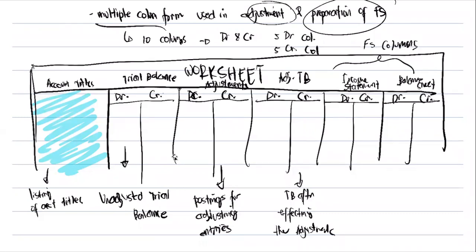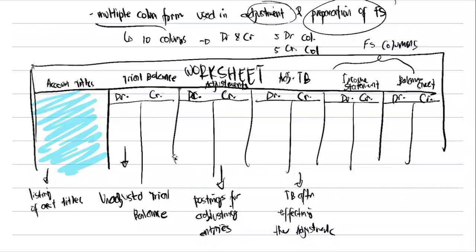So your question: is a worksheet a particular accounting record such as your journal or ledger? No, a worksheet is not a journal. It is not a ledger. It is not an accounting report. So unlike the other reports that we have already discussed before, a worksheet is not really an accounting record.